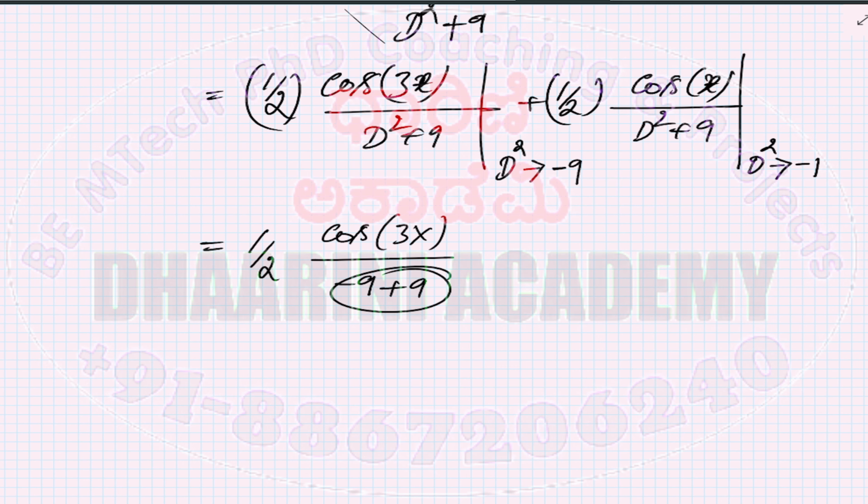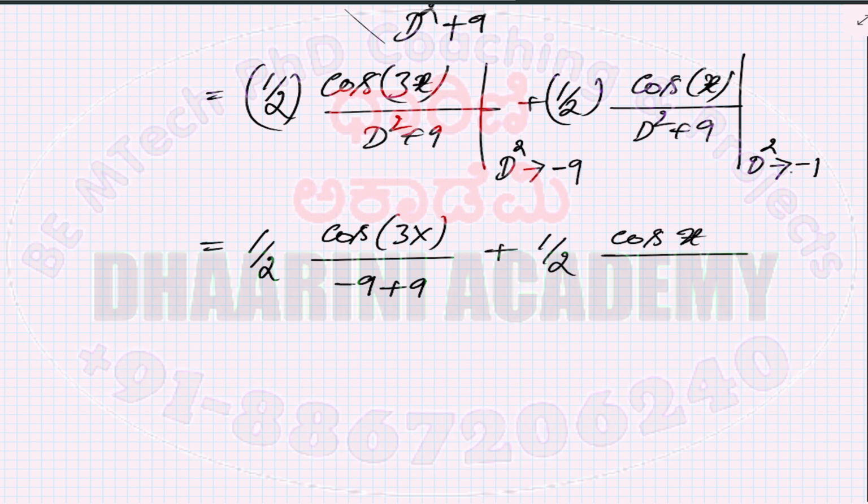So I will not proceed. I'll just substitute this, but I will not write 0 there because it should not be equal to 0. So minus 9 plus 9, I don't write 0. Hold on to that. Plus half into cos x divided by, here no problem, minus 1 plus 9 is 8. Correct? Minus 1 plus 9 is 8.